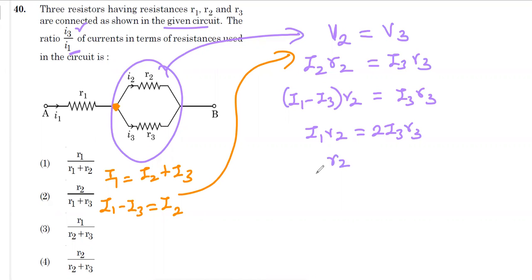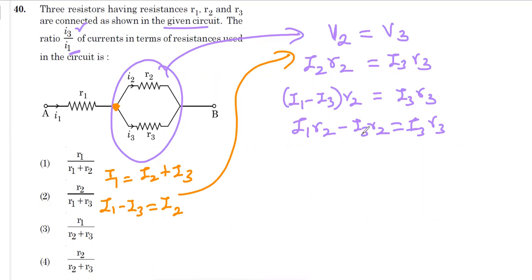Rearrange it. So I'll have I1 R2 minus I3 R2, and this is equal to I3 R3.